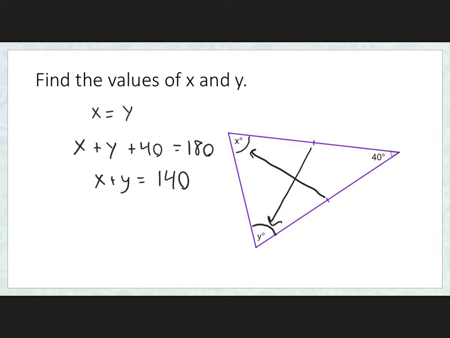So if you add x and y together, they will add up to 140. But since x equals y, each of the angle measures will just be 140 divided by 2, which will be 70. So x will equal 70 and y will equal 70.